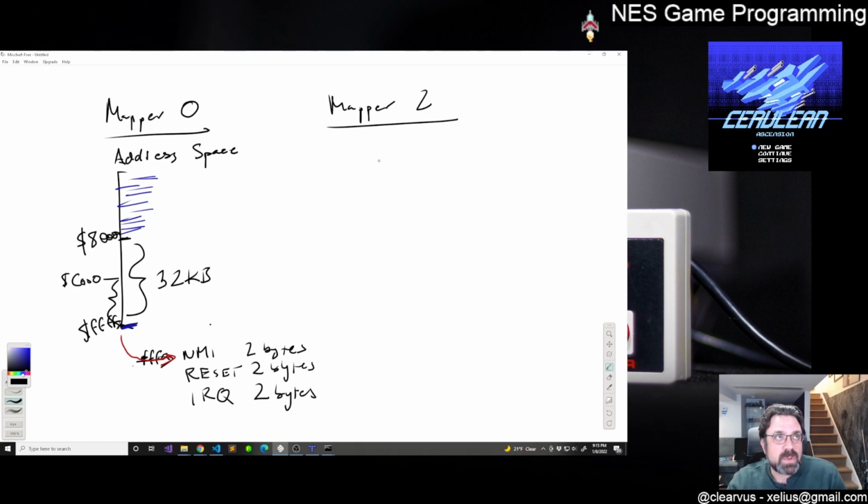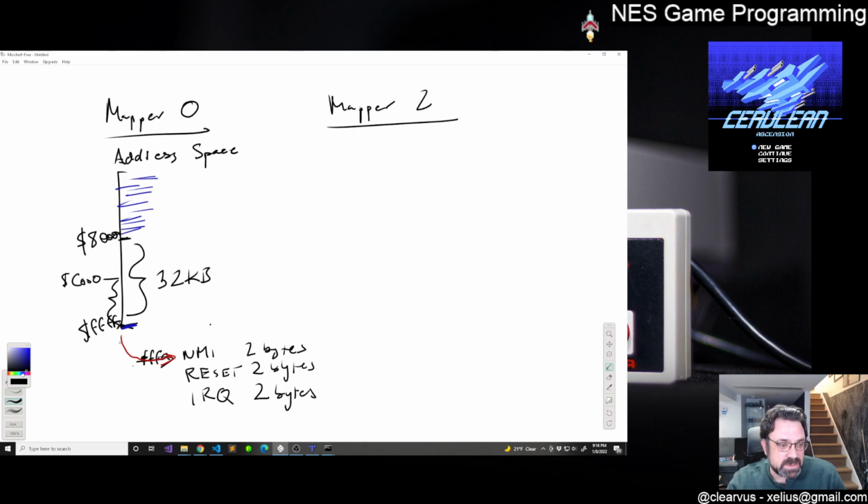And so the way that the mappers work is they play around with what is actually located in these address ranges, so that you can address more storage in the program. Now, it can't increase this address range because the 6502 only has a 16-bit address scheme. So you can't use 3 bytes to address it or 4 bytes to address it.